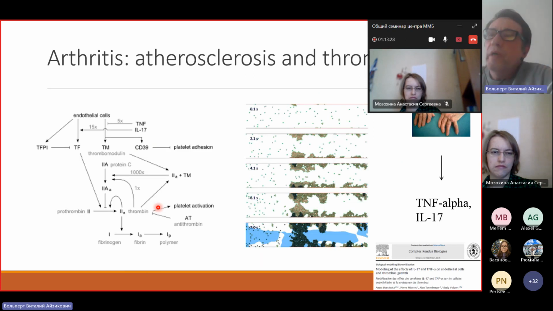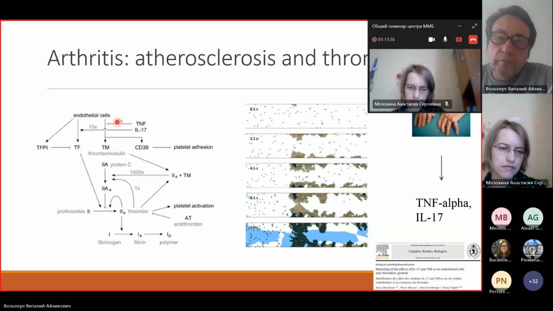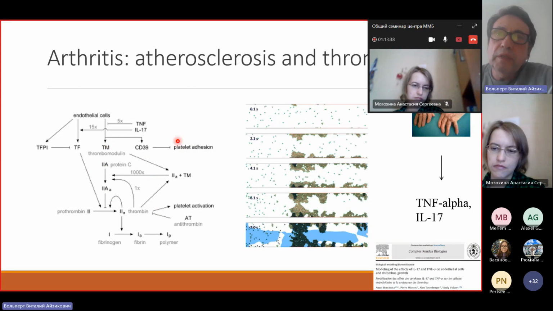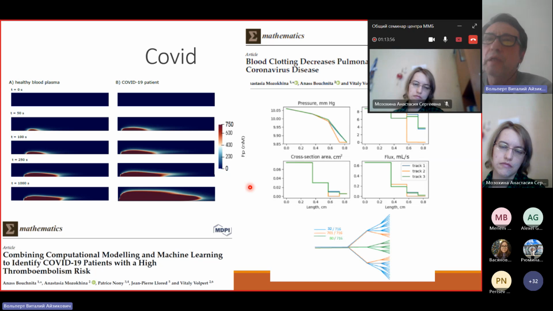We showed how these cytokines act on inflammatory pathways, upregulate inflammatory pathways, and lead to thrombus formation. Another cycle of works was devoted to the influence of these inflammatory cytokines in COVID, also thrombus formation. We know that in COVID it was a very important risk factor, and we studied that with Anas and Anastasia.